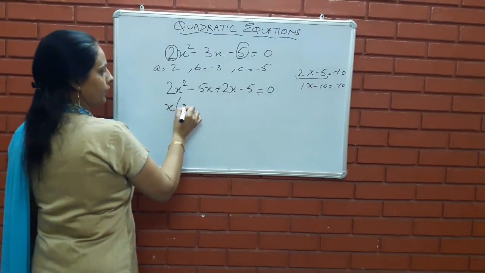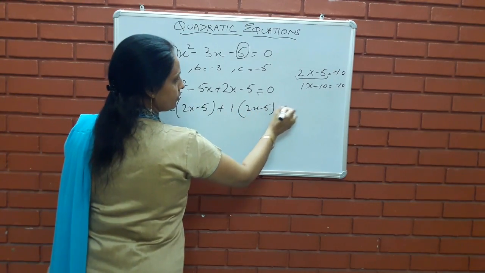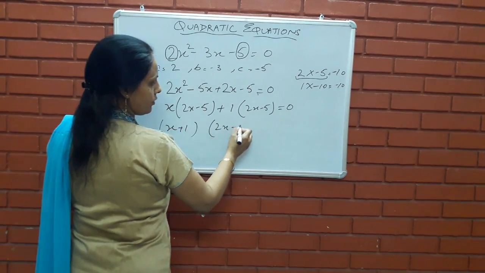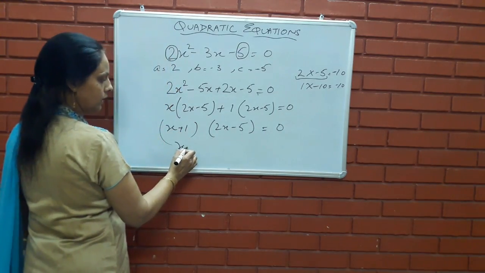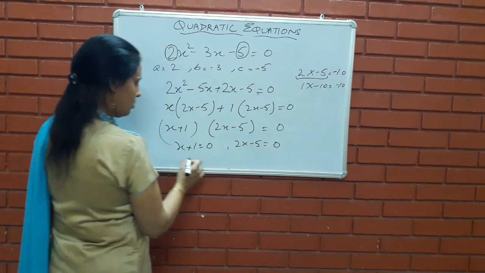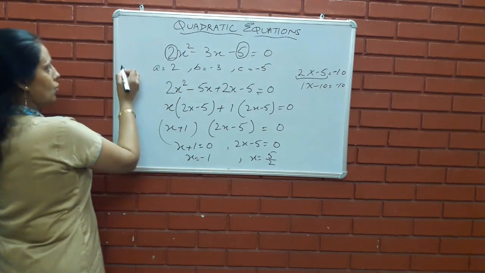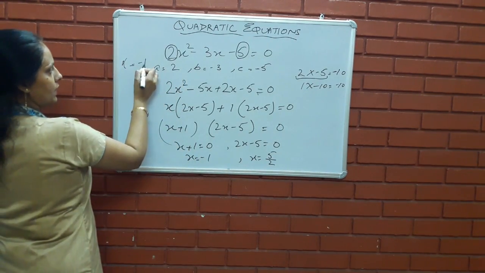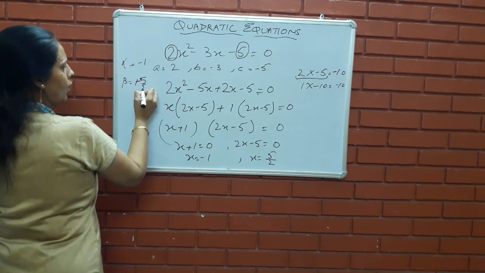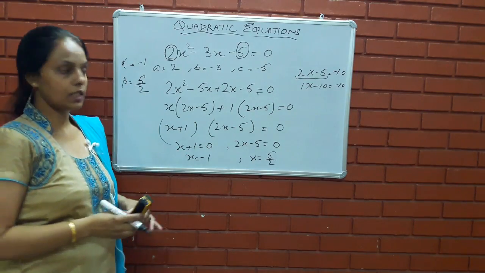Now x into 2x minus 5 plus 1 into 2x minus 5, so x plus 1 and 2x minus 5. If we take out the factors, one is minus 1 and the other is 5 by 2. So alpha is minus 1 and beta is 5 by 2.